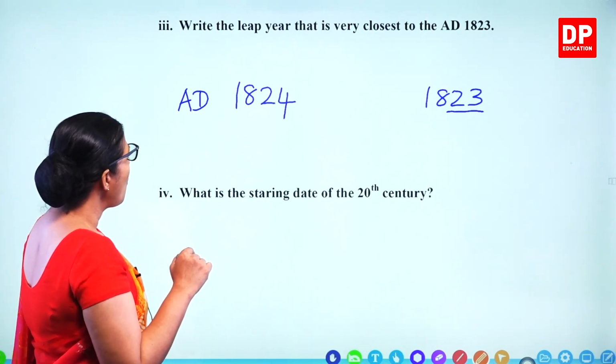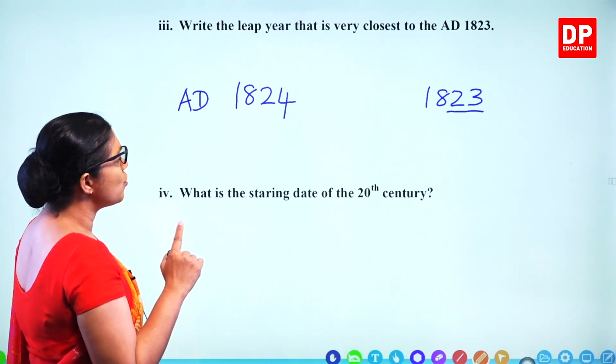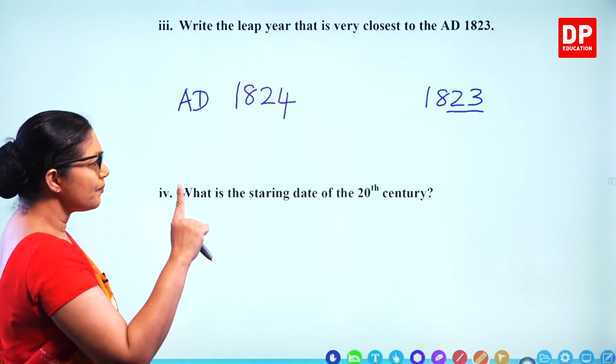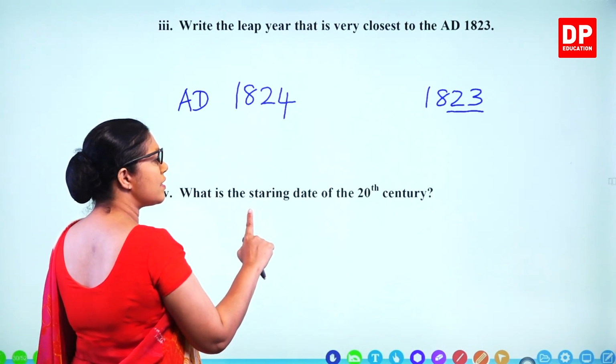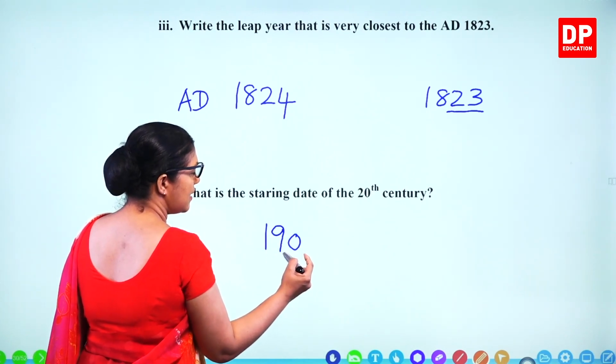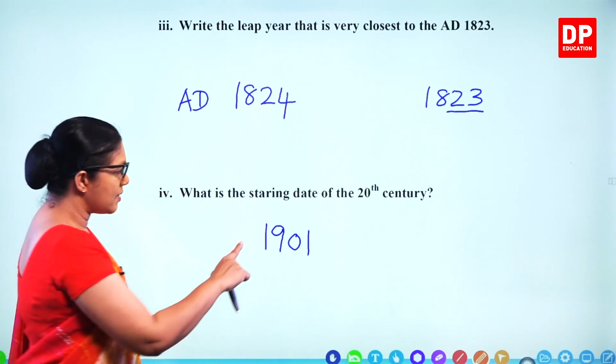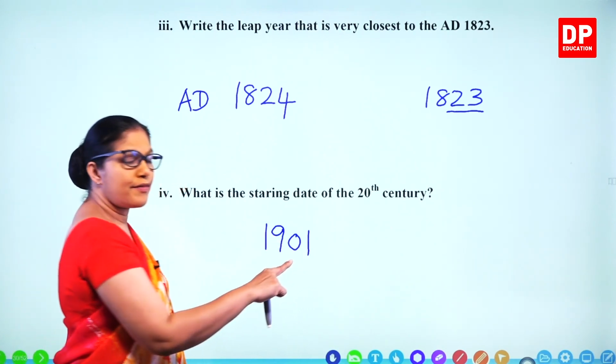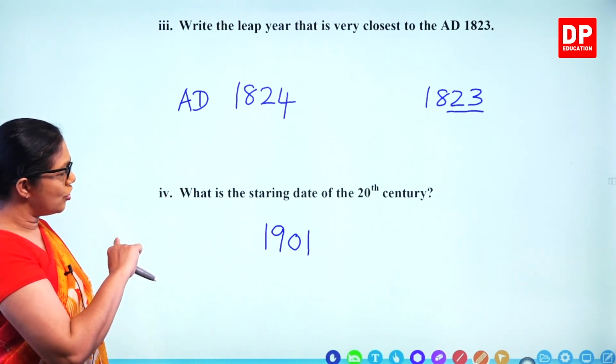1824. What is the starting date of the 20th century? So the 20th century starting date is 1901, because if it's 1900, that's the 19th century.